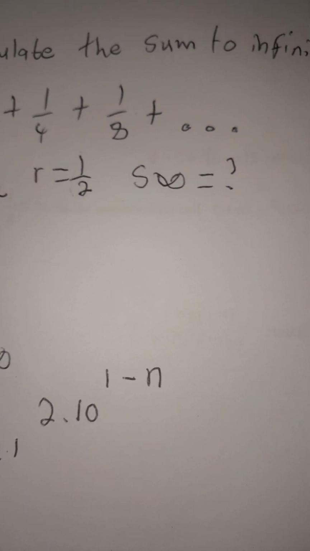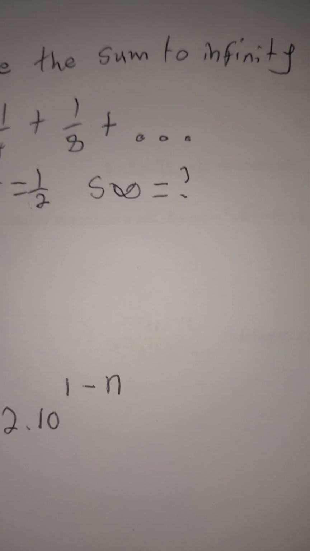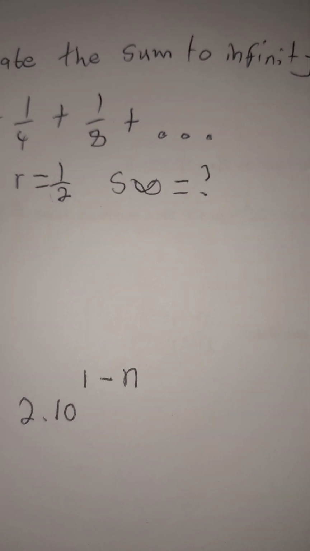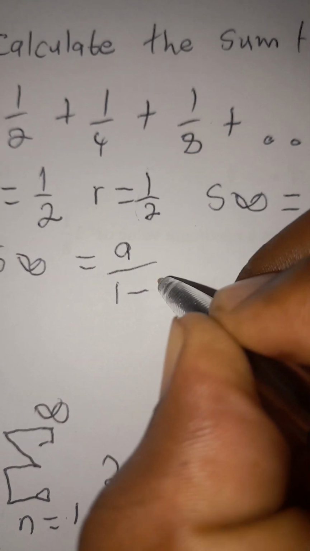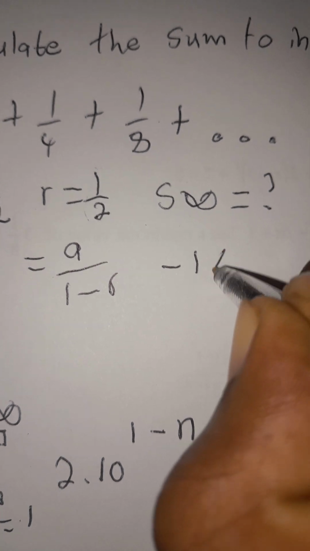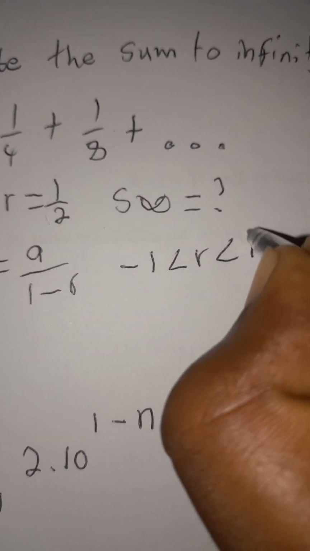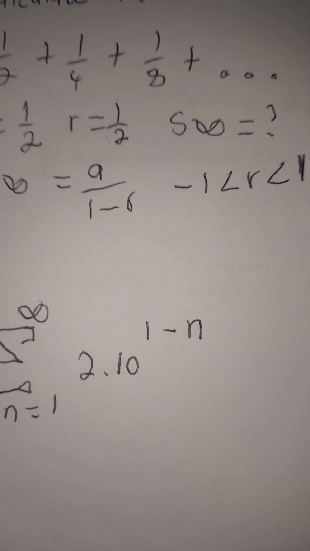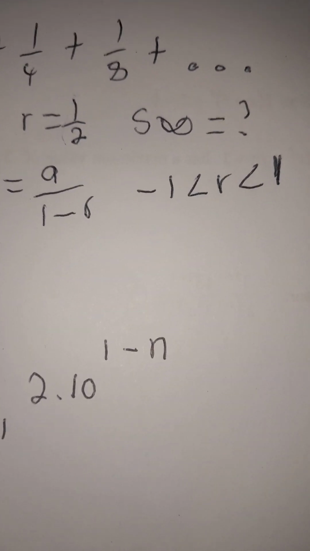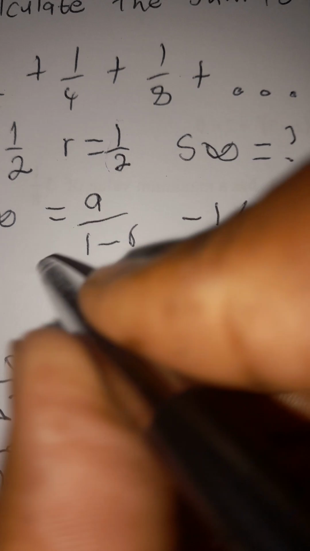It's a convergent series, so we are allowed to use this formula: a over 1 minus r, where -1 is less than r and r is less than 1. So we can apply it now.